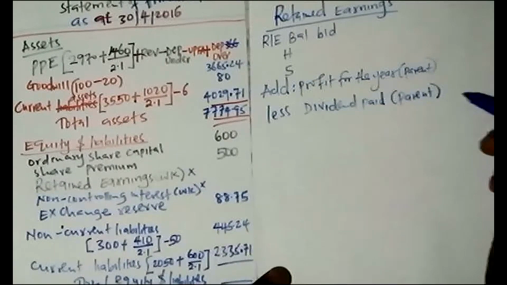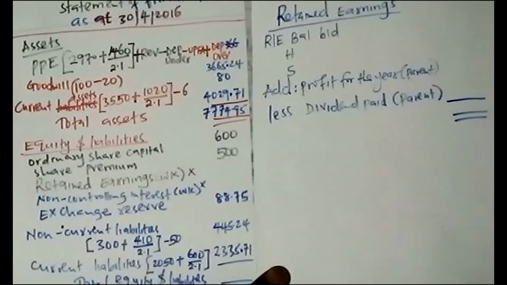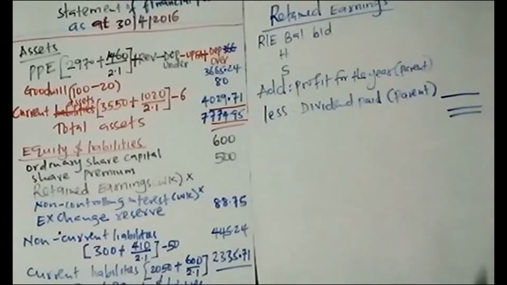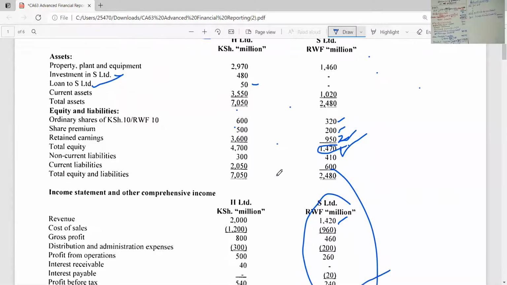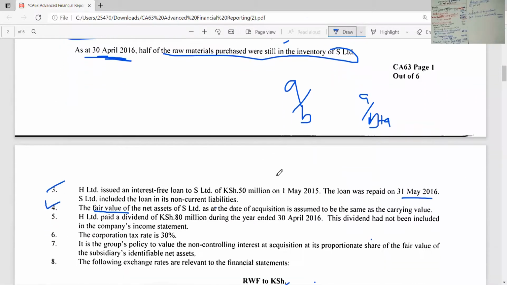Under additional information, the dividend paid by the parent, H, not S, was 80. H Limited paid a dividend of 80 during the year ended 30th April 2016. This dividend had not been included in the company's income statement. So the 80.